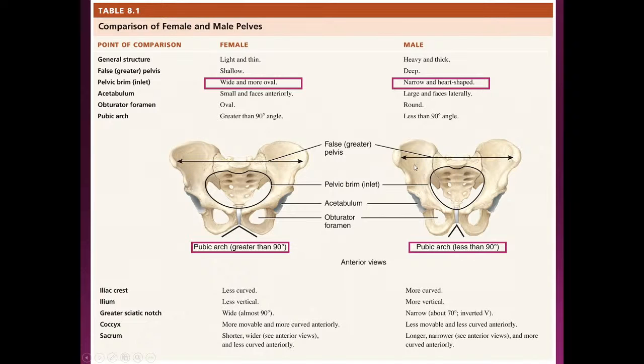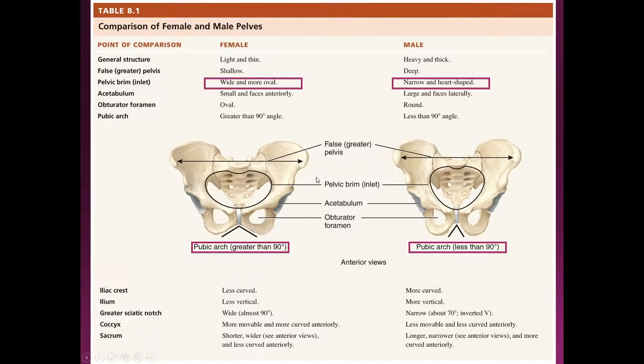These are just some of the markings that, if you were a forensic anthropologist like Bones, the TV show, you would use to identify the sex of a skeleton that you had found. Or if you were a bioarchaeologist, you might use some of these skeletal markings to identify the sex of a pelvis you had just found.